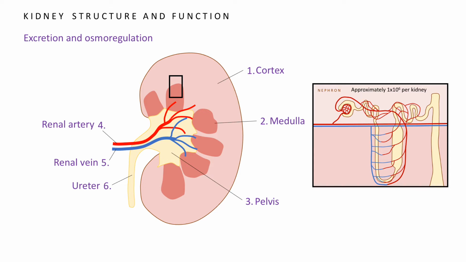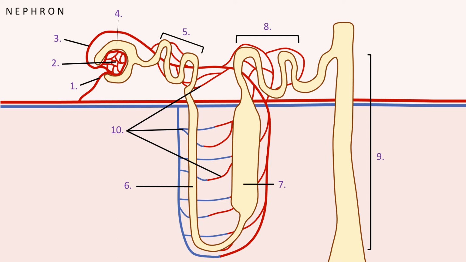So let's move on to questions 3 and 4, and we'll look in more detail at the nephron. As before, you could have drawn this yourself and labelled it.